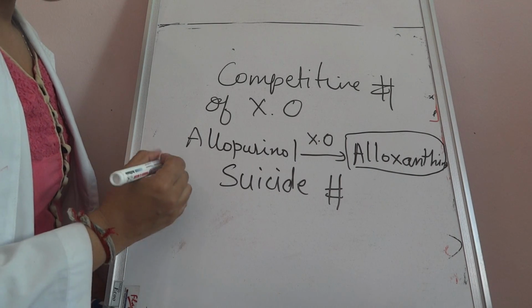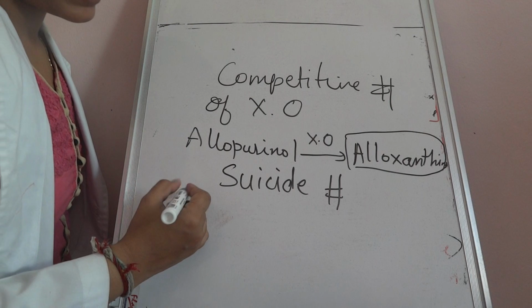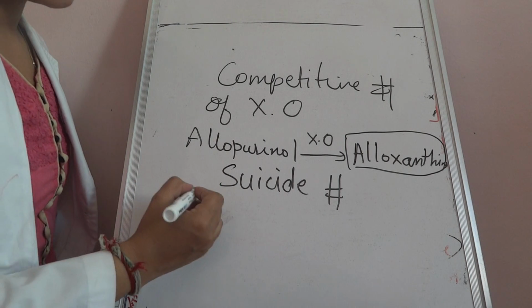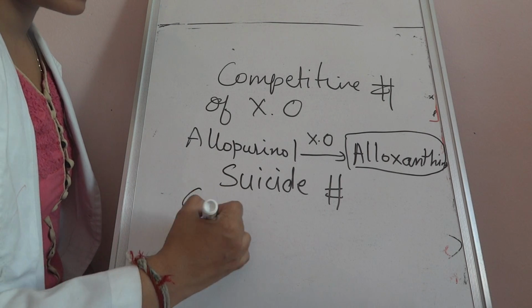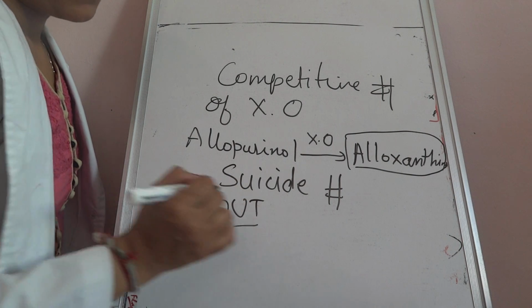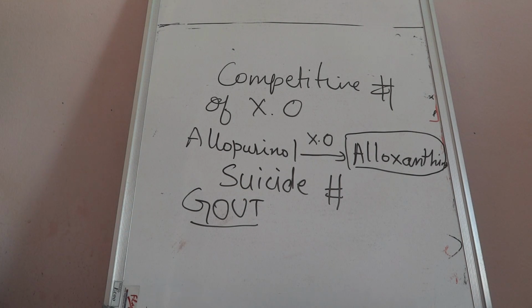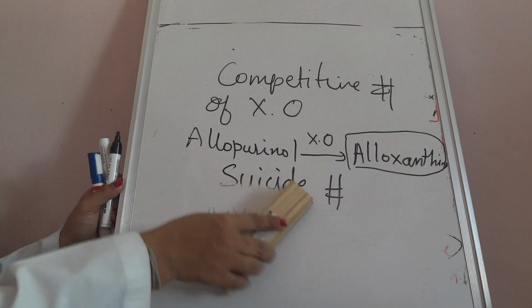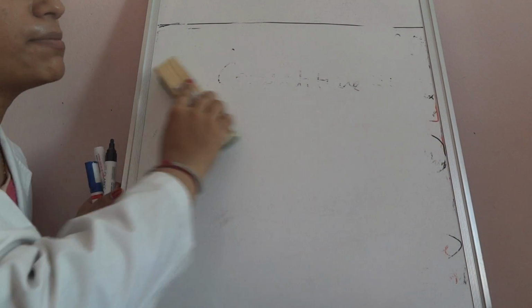Okay, so it is generally said that uric acid concentration can be increased in conditions such as gout, but it is not necessary that the uric acid concentration would be increased in gout. It could be of normal level also, or it could be decreased also, but it is considered mostly to be increased. Normal uric acid concentration is 3 to 7 milligram per dl.